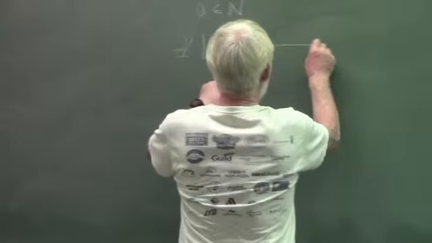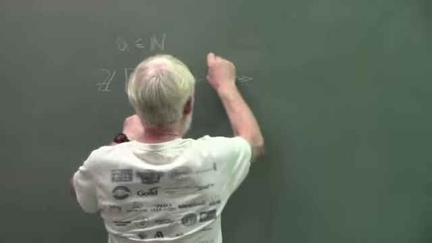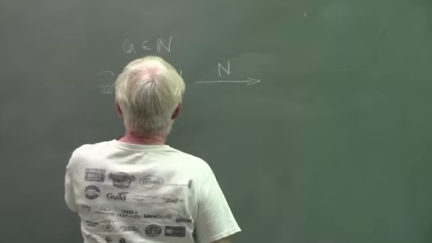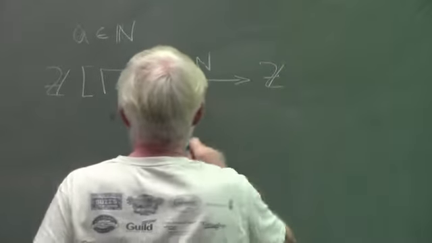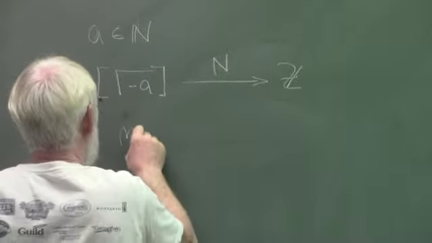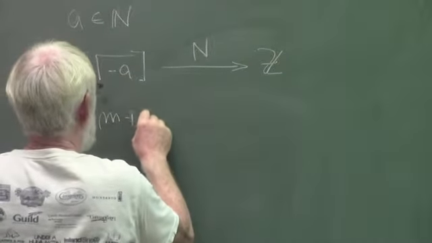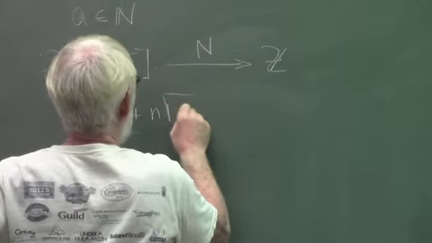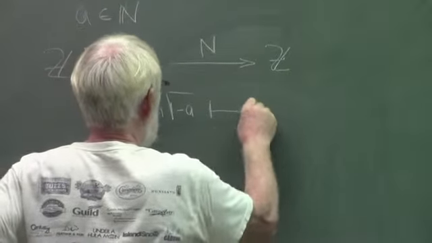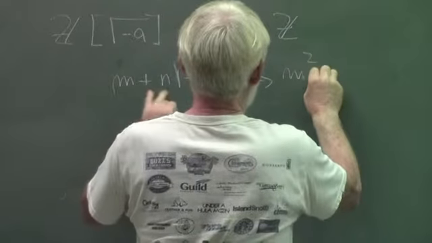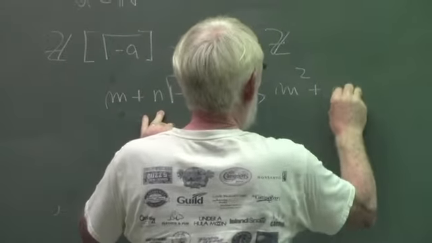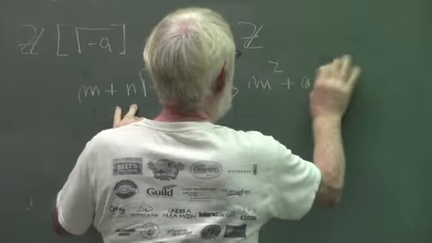So we take a map here, to the C. M plus N times square root of A maps to M squared plus A N squared.